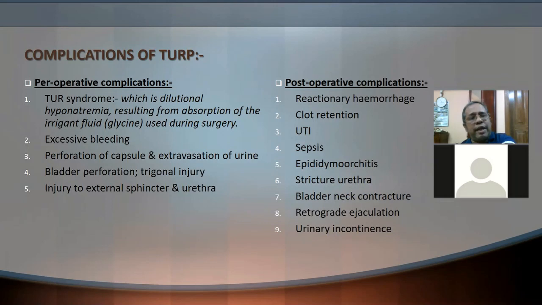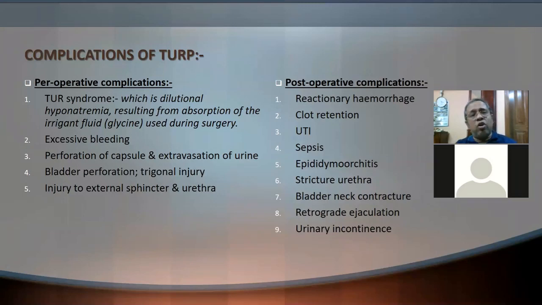Another one is injury to the external sphincter and the urethra. These two things also depend upon the expertise and smooth handling of the surgeon. If you negotiate the receptoscope gently, there is less chance of urethral injury. If your knowledge is enough and you don't go down to the perimentum, there is less chance of injury to the external sphincter.